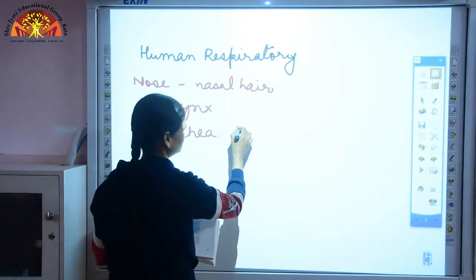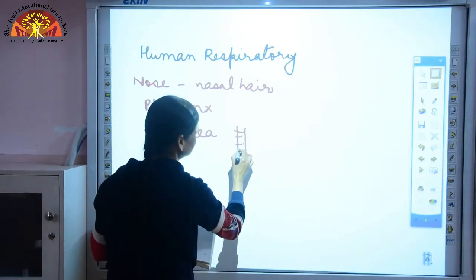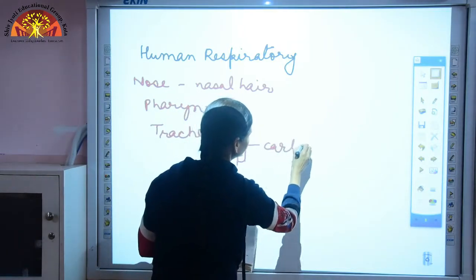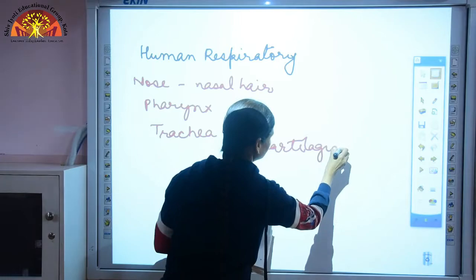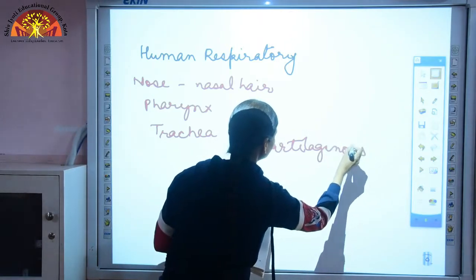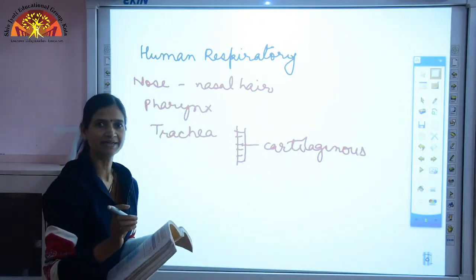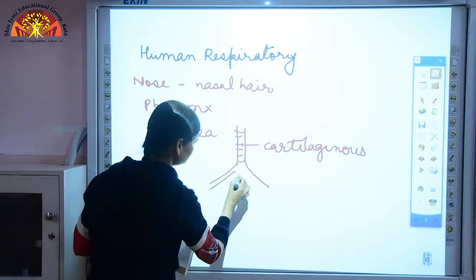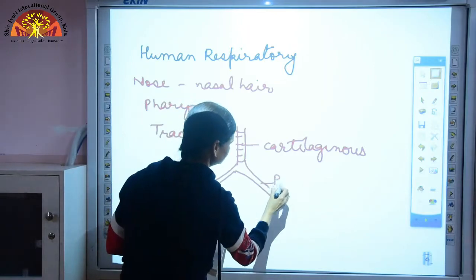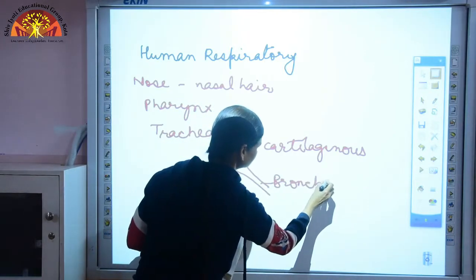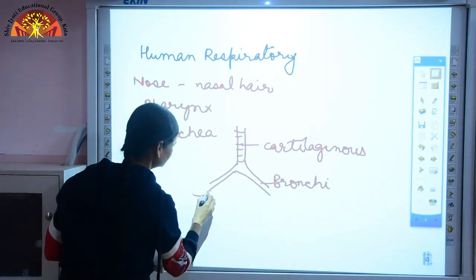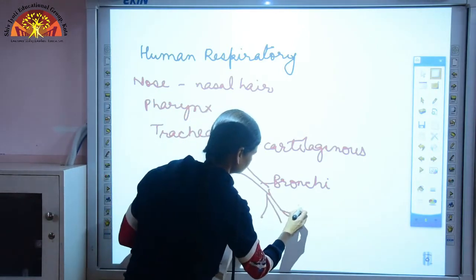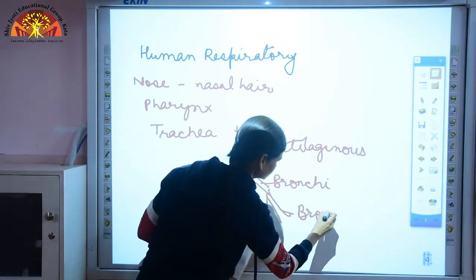Trachea is a tube-like structure which has cartilaginous rings, which prevent the collapse of trachea. Then it divides into bronchi. Then bronchi subdivide into bronchioles.